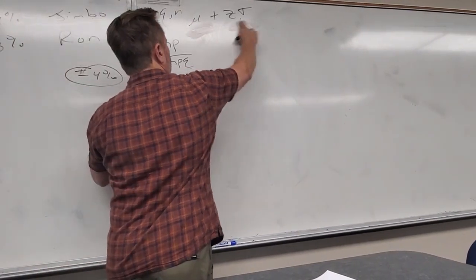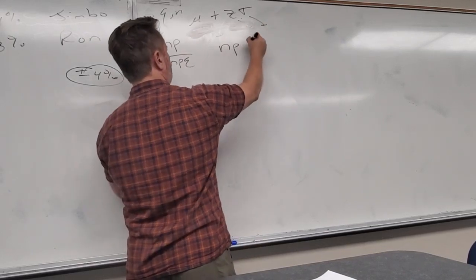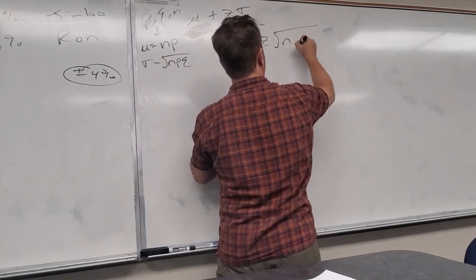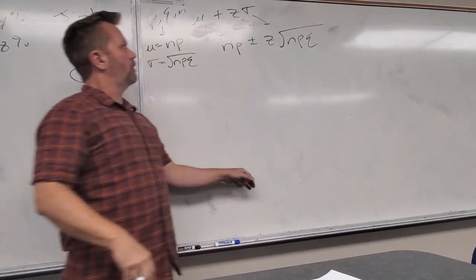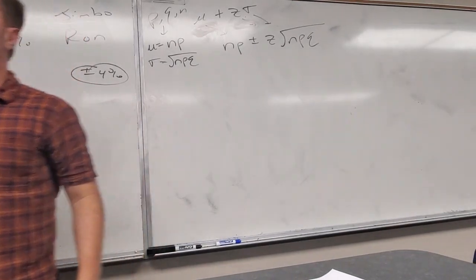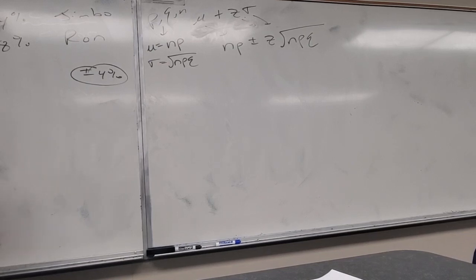So if I put NP, give or take Z, square root of NPQ. All right. So there's one problem in this formula, the way it's written. Does anyone know what P specifically represents? The probability of success.